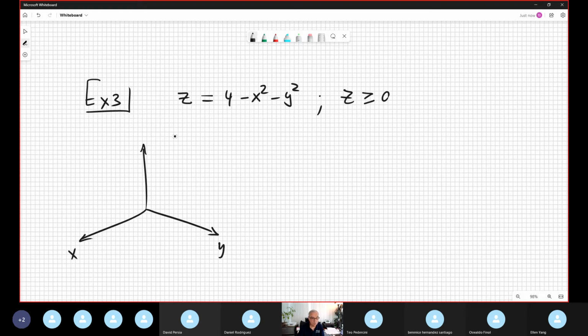No. Two sheets? No. When you see a z, it's okay. The paraboloid. Absolutely, yes. It's a paraboloid. Along what axis? Z. Exactly. Does it open up or open down?